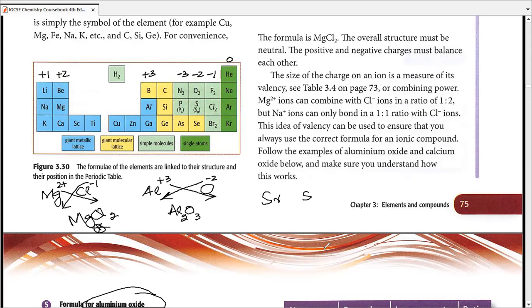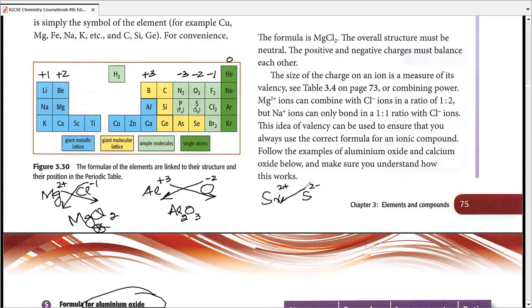So the charge on strontium is going to be +2. Perfect, and the charge on sulfur is going to be, sulfur is a part of this diagram, so this should be easy. Light green, -2. -2.